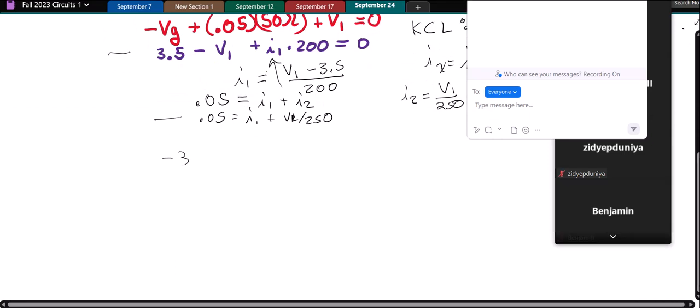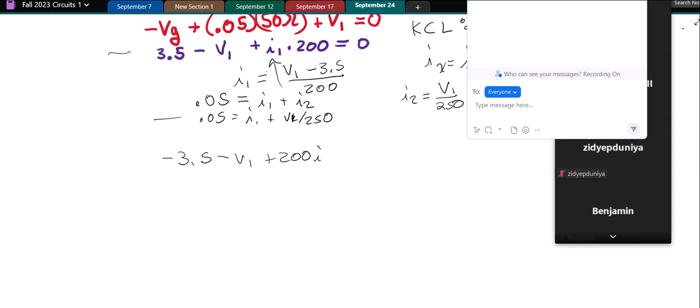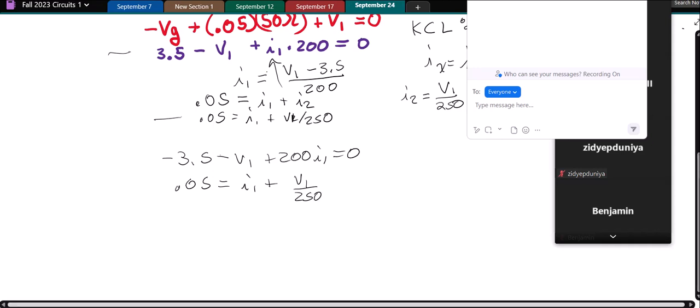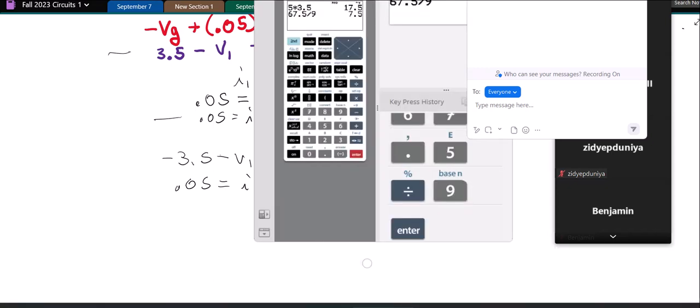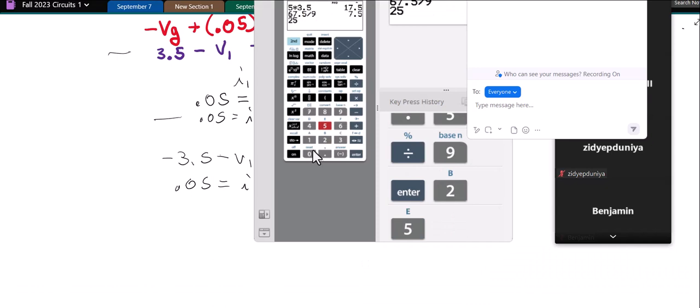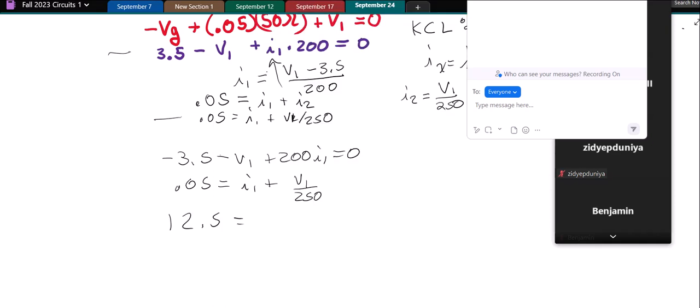So I have negative 3.5 minus V1 plus 200 I1 equals 0, and I have 0.05 equals I1 plus V1 over 250. For this bottom equation, I'm going to multiply everything through by 250. And 12.5 equals 250 I1 plus V1.